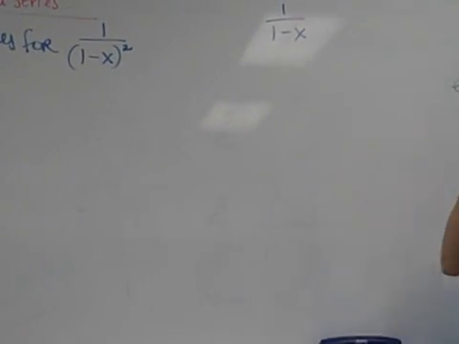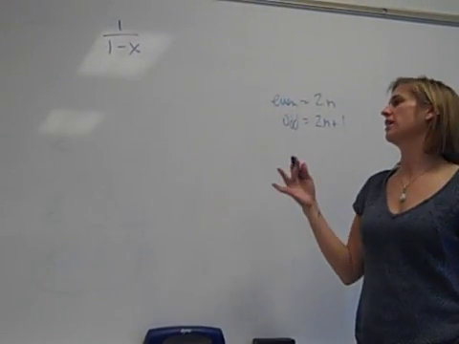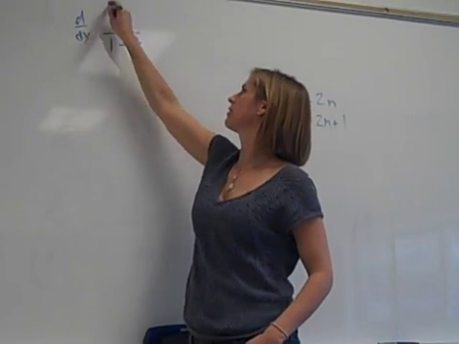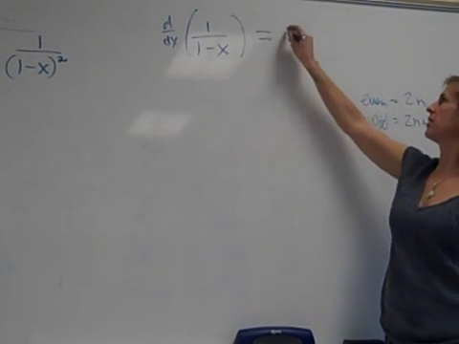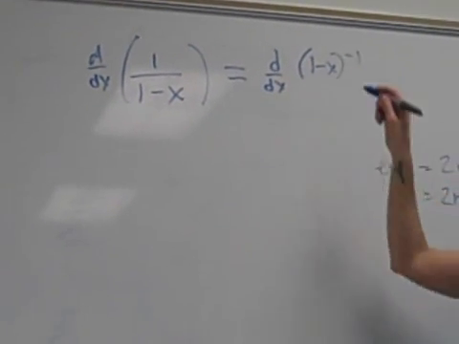This particular one: if I take 1 over 1 minus x, the series that I already know, and integrate it, I'm not going to get back to here. But if I take the derivative of this, it would be like taking the derivative of 1 minus x to the negative first.